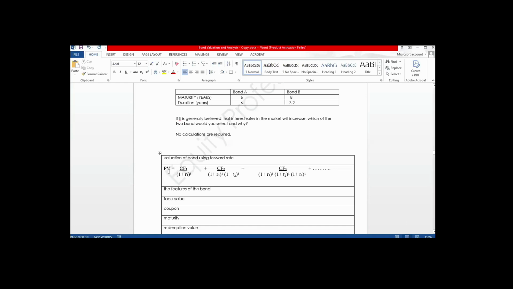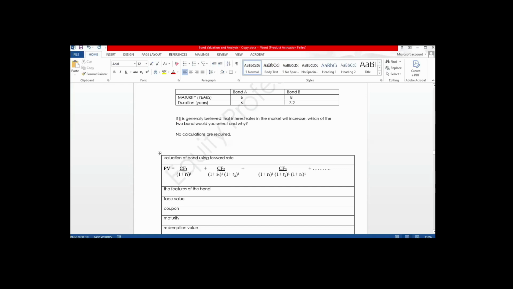The present value of the bond, that is the price of the bond, is equal to cash flow in year 1 divided by 1 plus rate in year 1, plus cash flow in year 2.